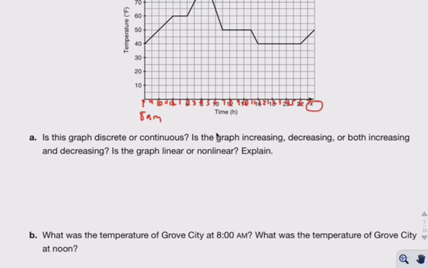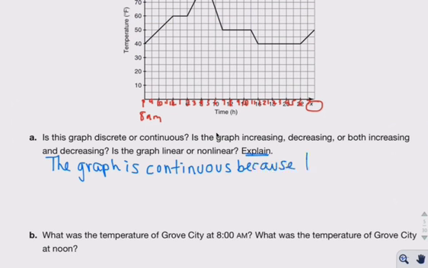First of all, it asks you to explain. The graph is continuous because there's no breaks.